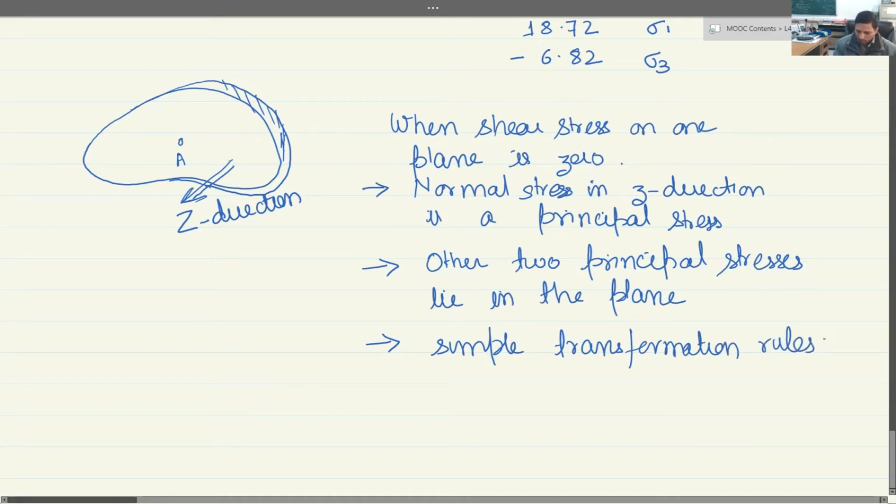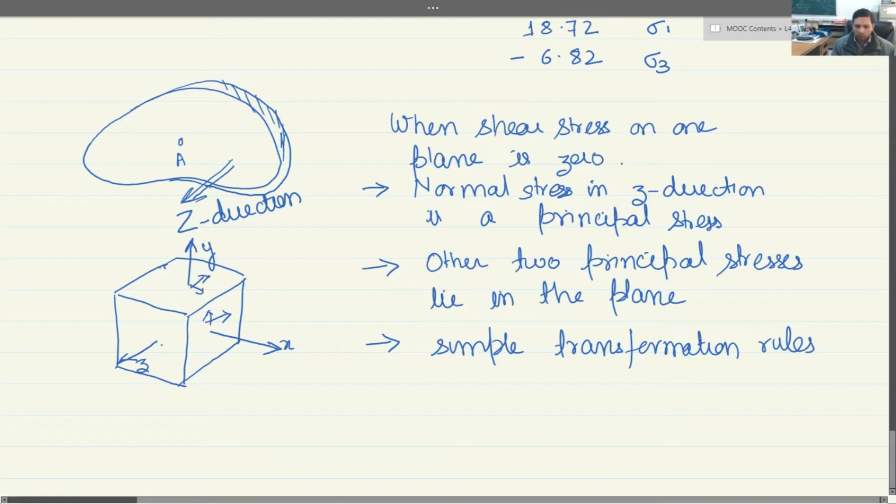So to describe it in terms of element, what we have here is, here you may have shear stresses, here you may have shear stresses, but not over here.